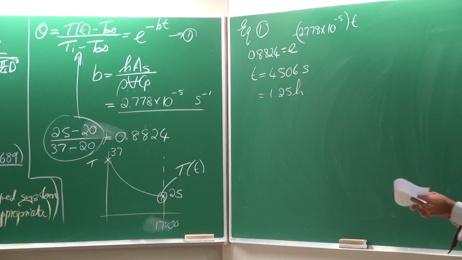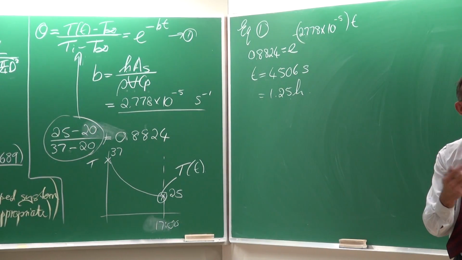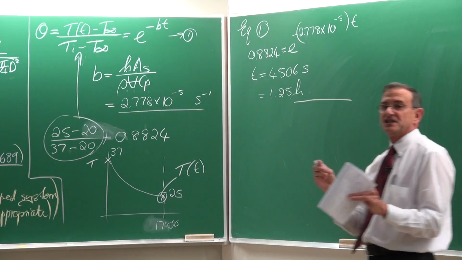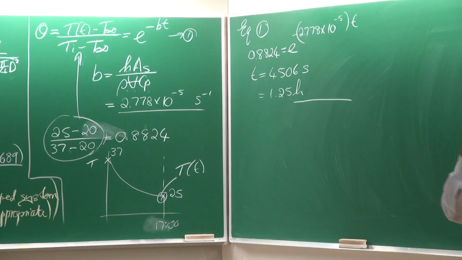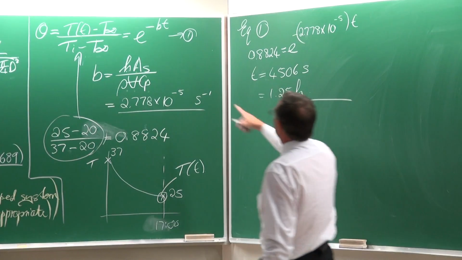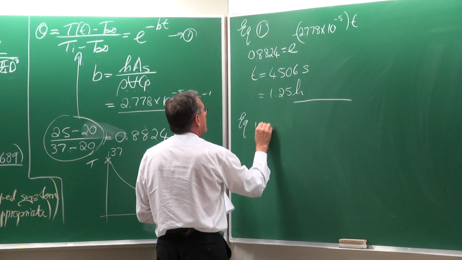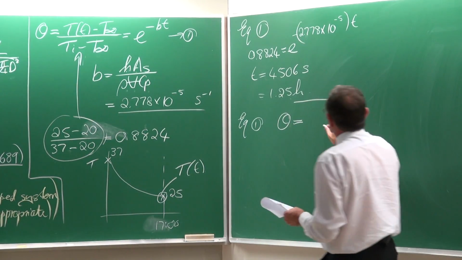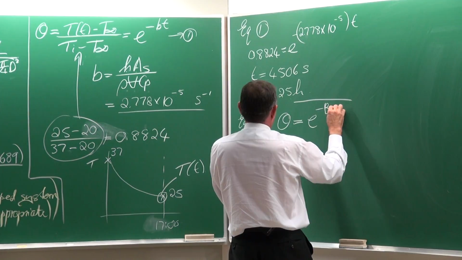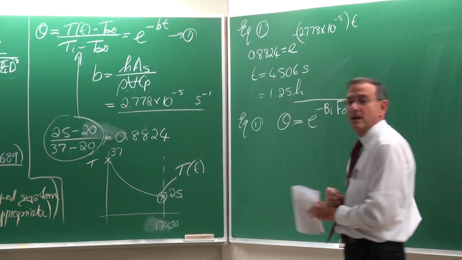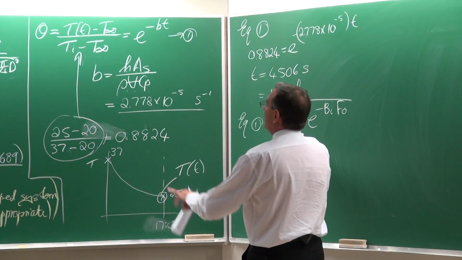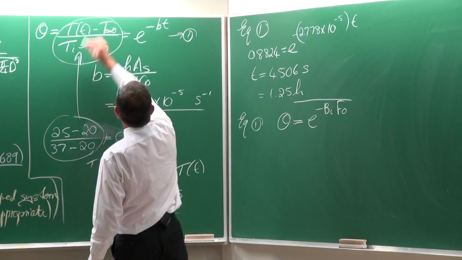The other approach, remember from the previous lecture, when we defined the non-dimensionalized variables like the Fourier number, temperature and Biot number, is that equation 1 can also be written in non-dimensionalized format as theta equal to e to the minus Biot number multiplied by the Fourier number, where theta is the non-dimensionalized temperature, that ratio there.